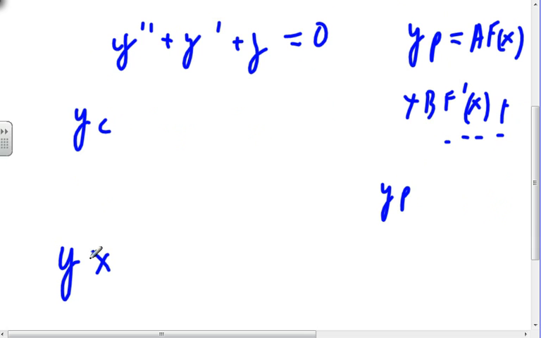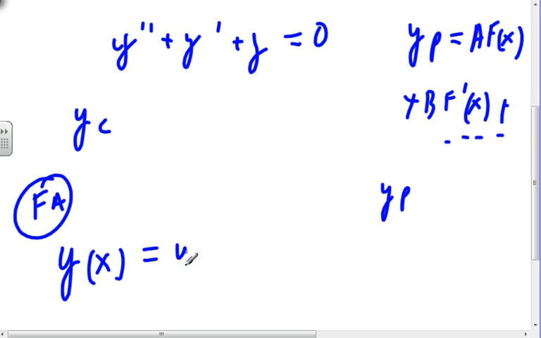My final answer is going to be the homogeneous solution plus the particular solution that I just solved for. So whatever I did in the last section, I get to do it over again twice. Okay, so that's the plan.